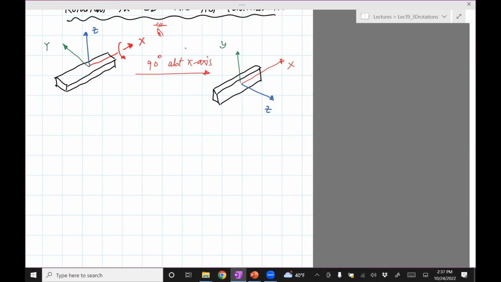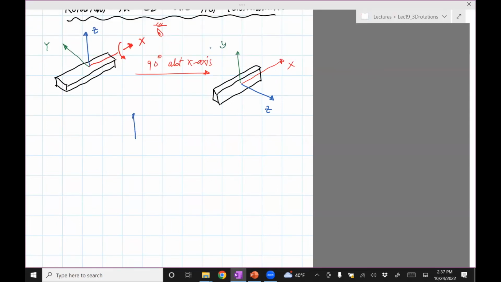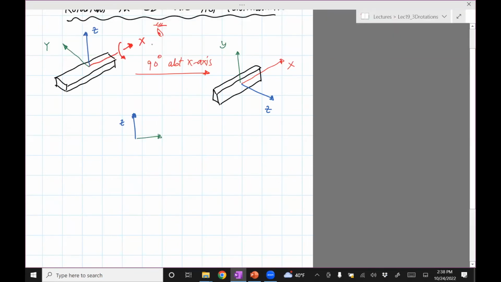The head of the arrow is on the wrong side. If I look at it from the way I'm looking at it here, then z is up, y is to the right.